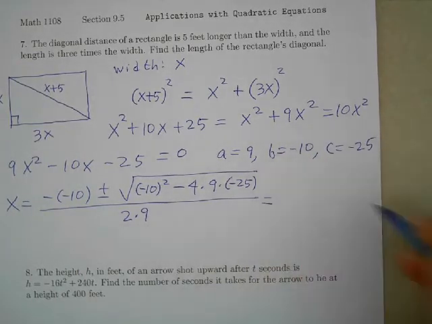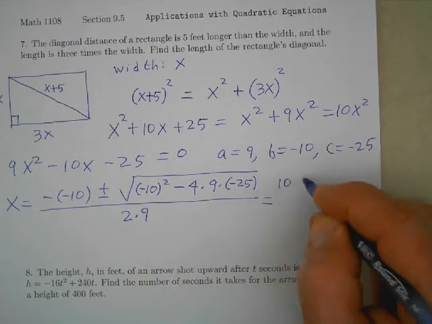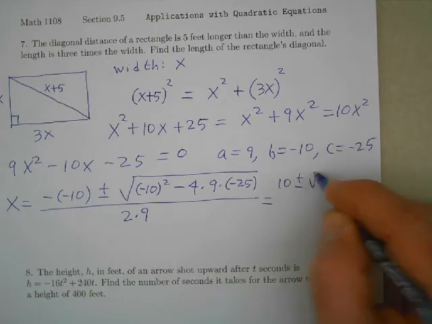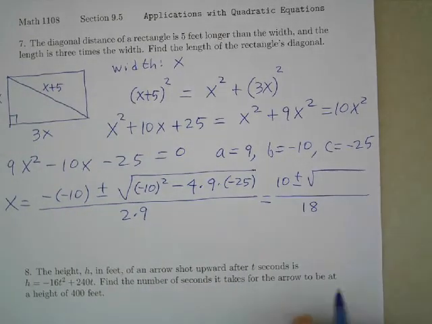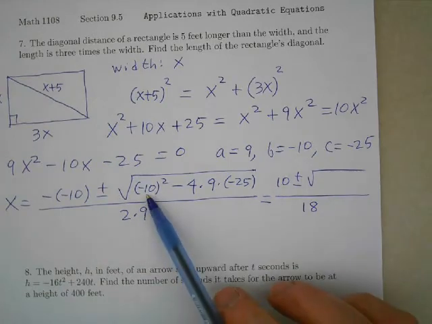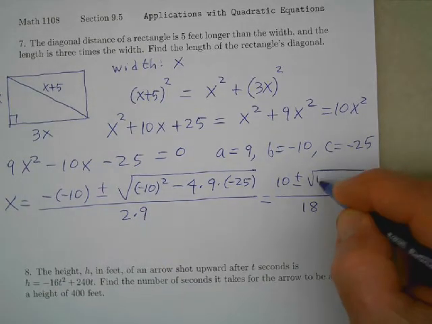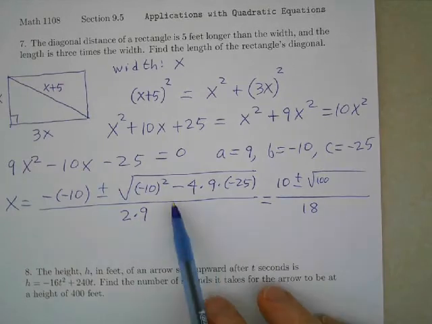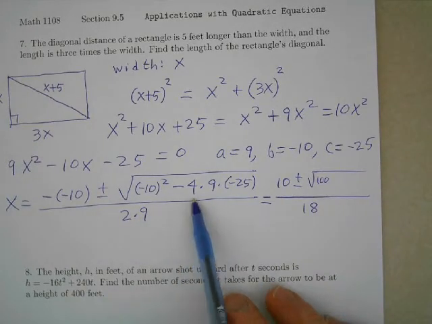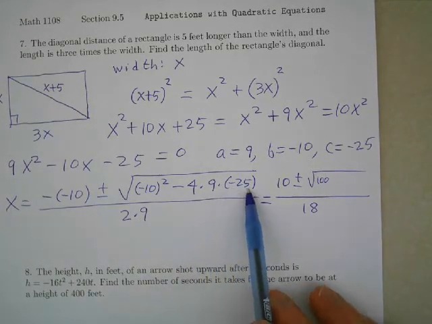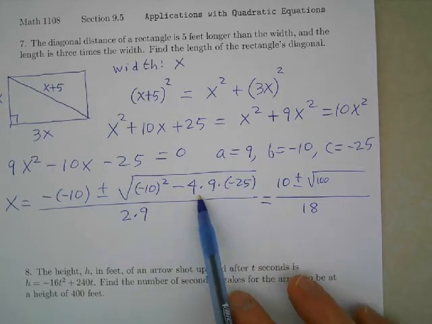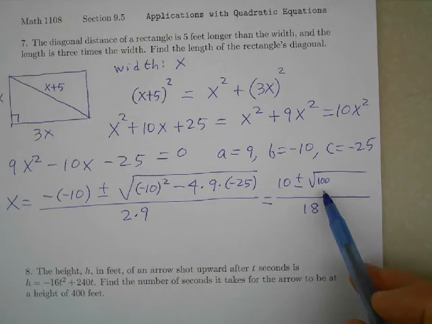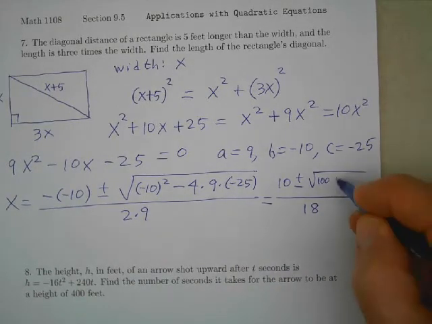So the negative of negative 10 is 10, plus and minus the square root of some number all divided by 18. And inside the square root, negative 10 squared is 100. And we're subtracting 4 times 9 times negative 25. So in other words, we're subtracting negative 900, but 100 minus negative 900 is the same as 100 plus 900.